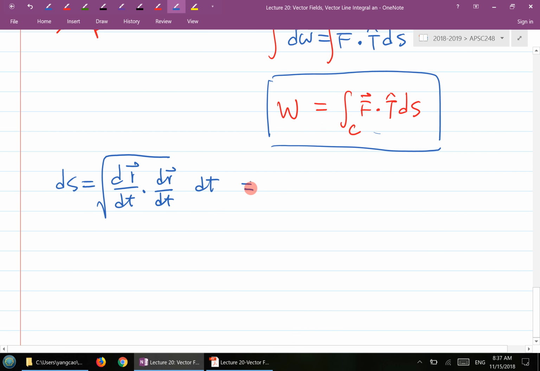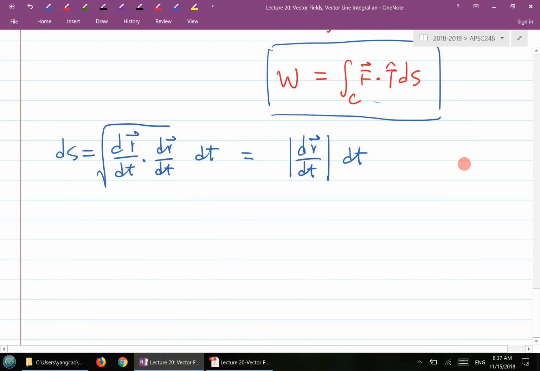Alternatively, when you take a dot product of a vector with itself and add a square root, you basically get the length of this vector. So that's your ds equal to the absolute value of dr over dt, times dt.